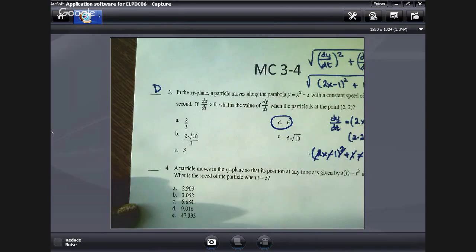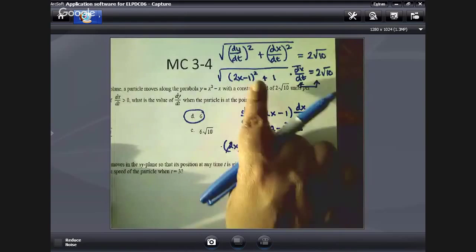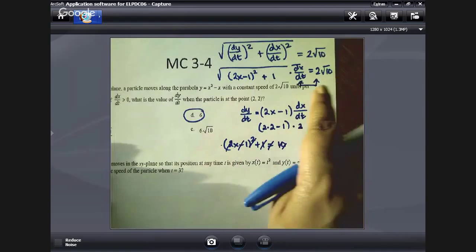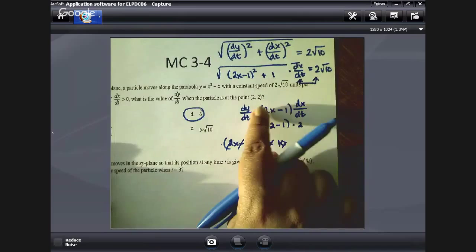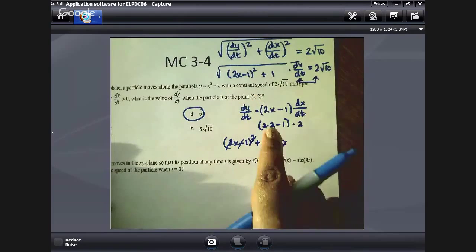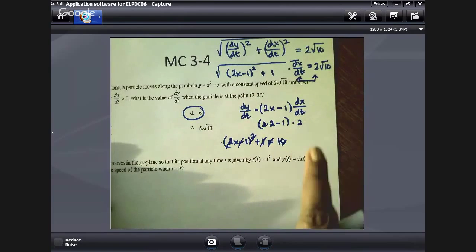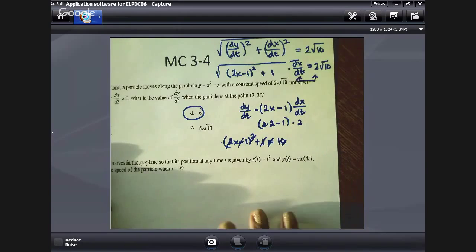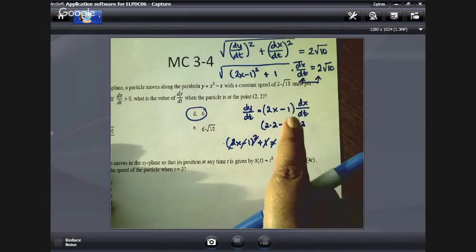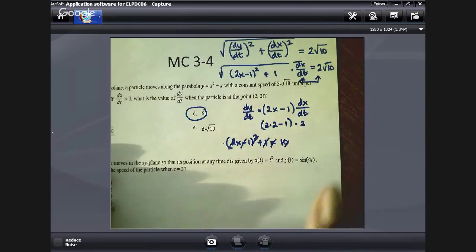I just made these parts equal. dx/dt is equal to 2 because the square root should match the square root, so that means dx/dt is equal to 2, and I'm at the point (2, 2), so I put 2 in for x and 2 in for dx/dt, and there's a lot of 2's going on here, but 4 minus 1 times 2 is 6.